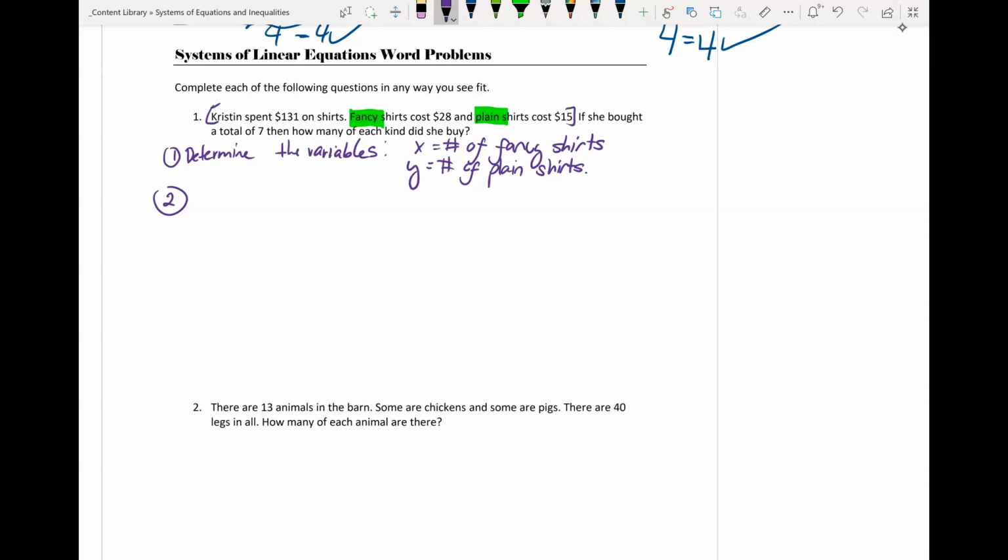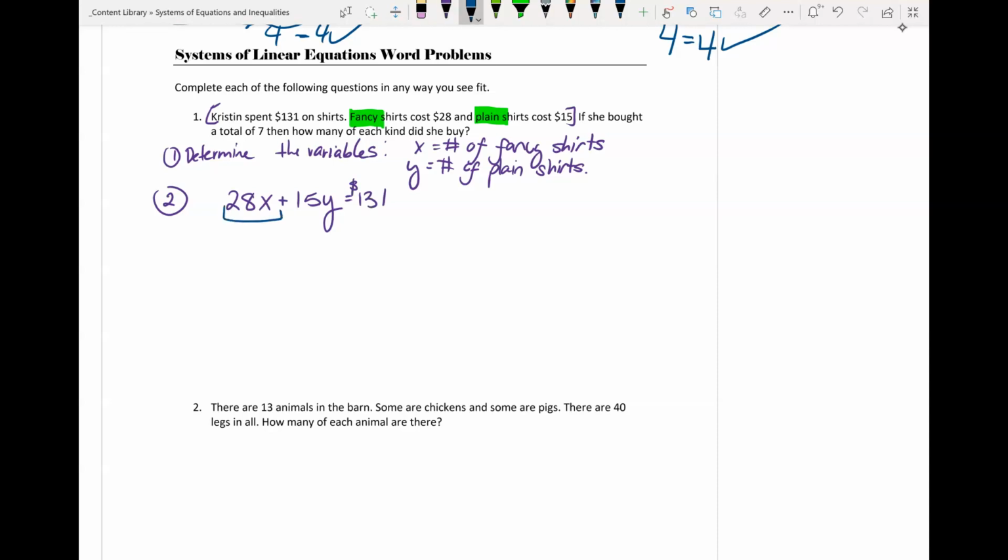We can state that the fancy shirts are $28, and we'll know the total cost of those fancy shirts if we knew how many fancy shirts we're buying. Plus those $15 plain shirts multiplied by the number of plain shirts. Altogether, this should equal $131 because that's how much Kristen spent on shirts in total.